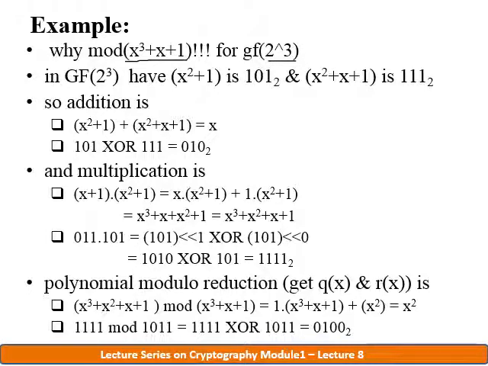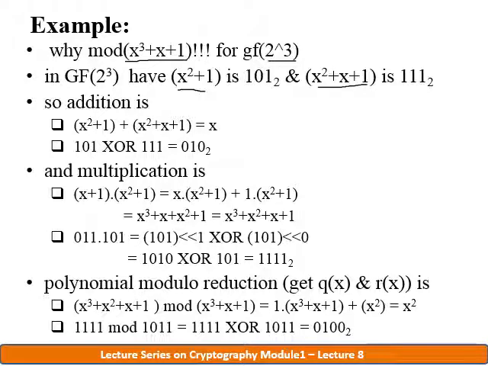In Galois field 2 to the power of 3, we have eight different polynomials we can derive, as I already mentioned. Here we take two of them: x square plus 1, and x square plus x plus 1.